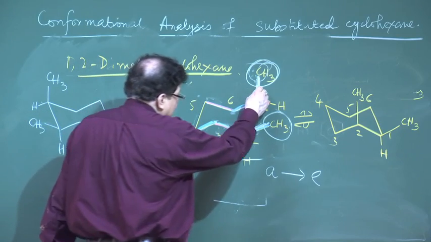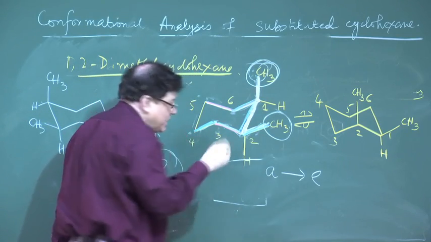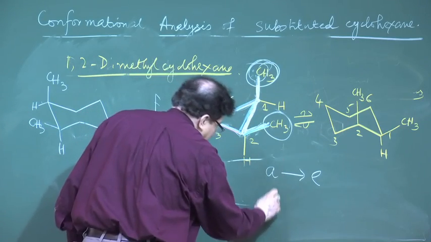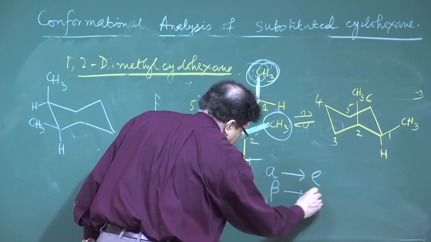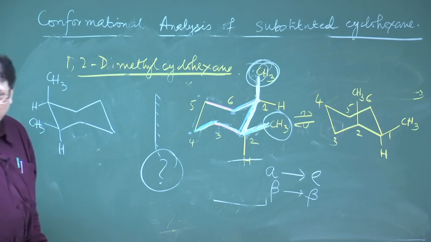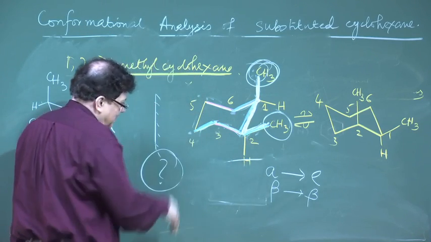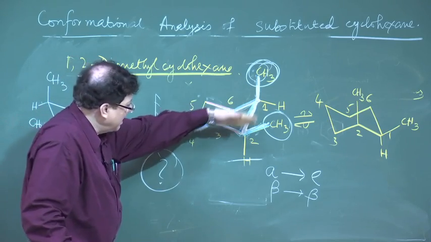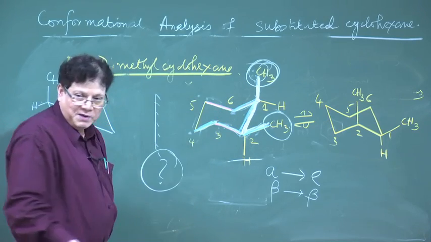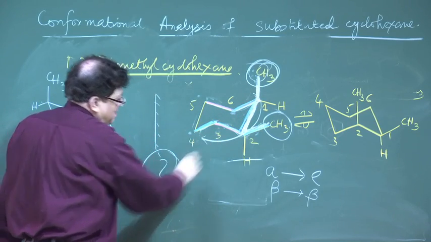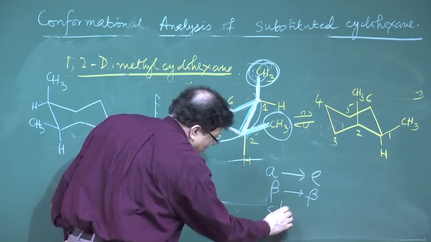So, how are they behaving, in terms of facial relationship? I am going from a beta methyl to a beta methyl, okay, a beta beta relationship. And what is my direction? If I do that, I am actually traversing in a clockwise fashion. Okay. So, the direction is clockwise.